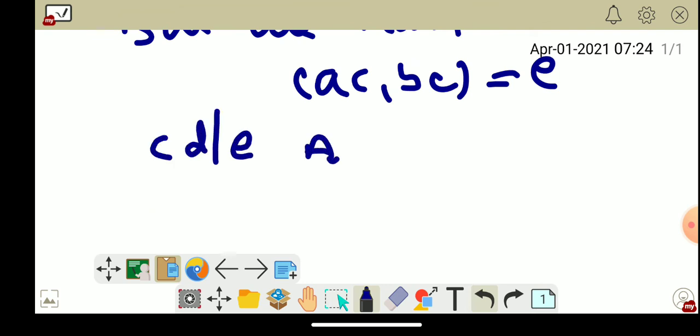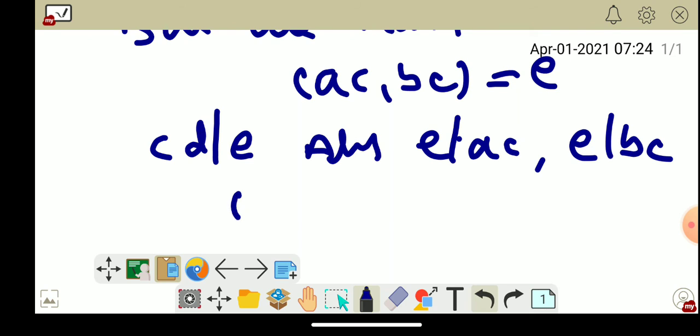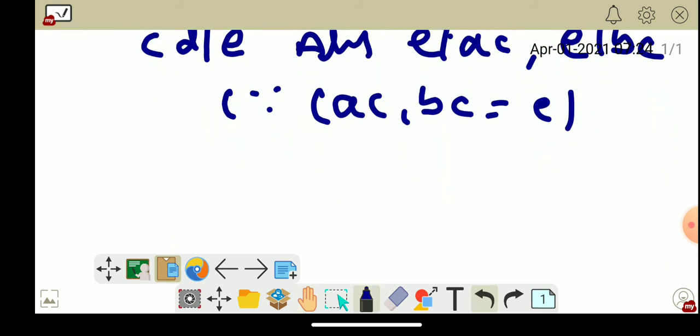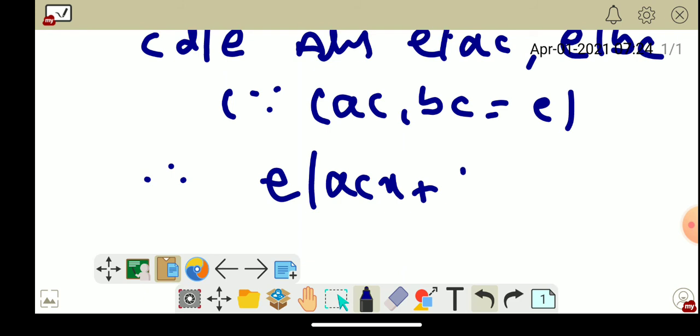Also E divides AC, E divides BC, since GCD of AC, BC is equal to E. Therefore E divides ACX plus BCY, so we can write E divides CD.